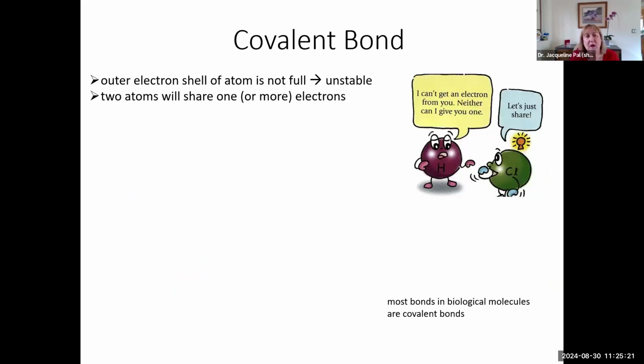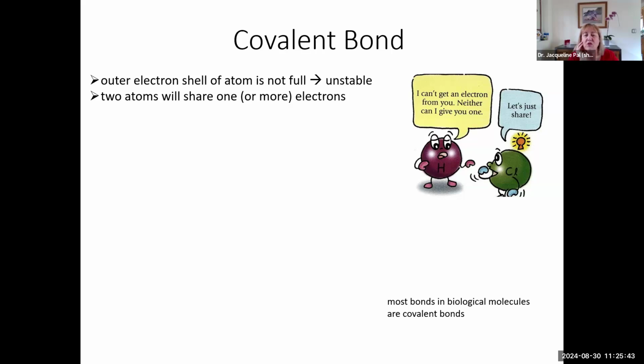The second type of chemical bond is a covalent bond, as in they're going to be sharing. So once again, we have outer shells of the atom that are not full, so it's very unstable, okay? And so neither one of these atoms is going to donate. Neither one of these is going to steal.